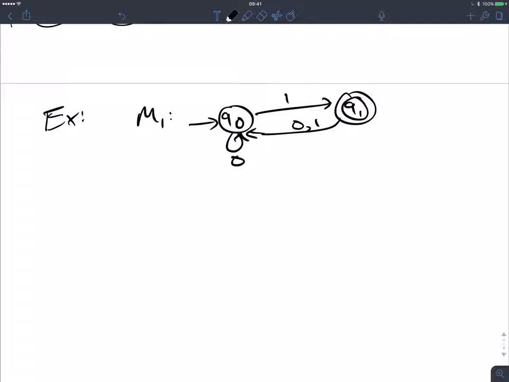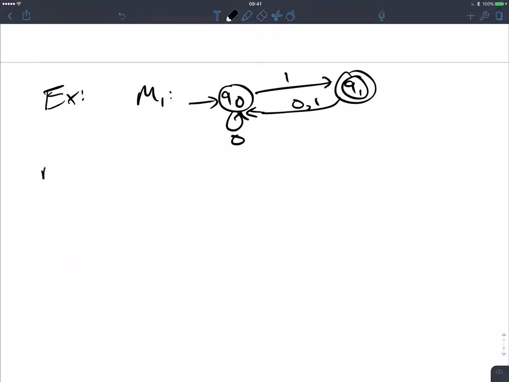We haven't really talked about this, but if I have a transition which has a comma-separated list, that means multiple transitions. Here it just means a transition on 0 to go back and also another transition on 1 to go back. So let's have that be M1.